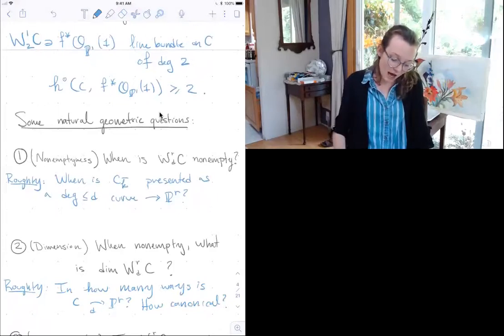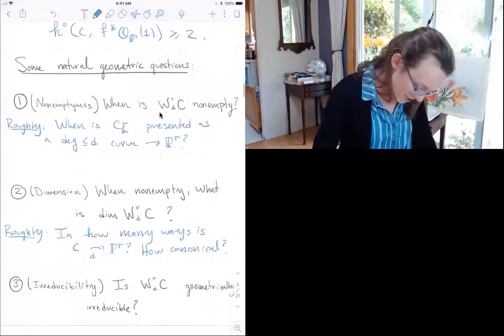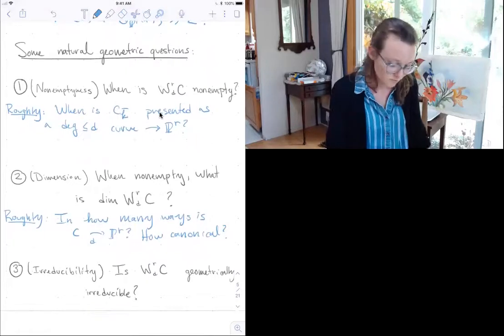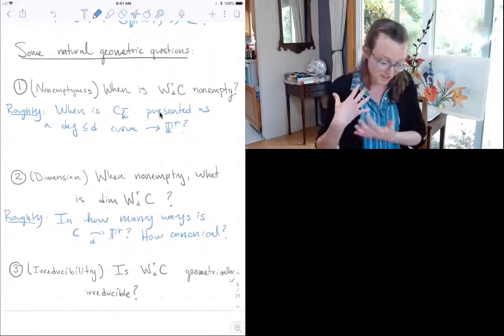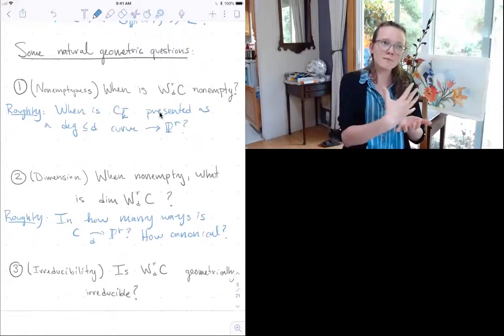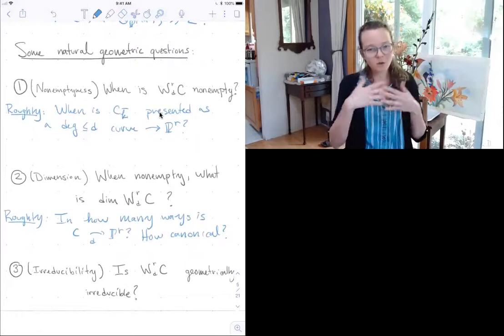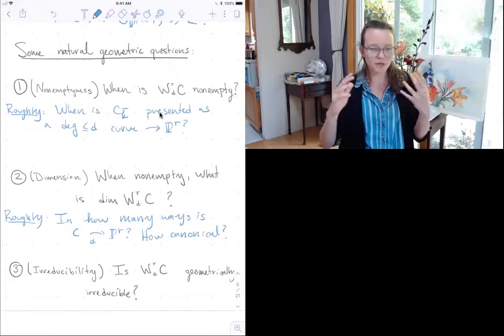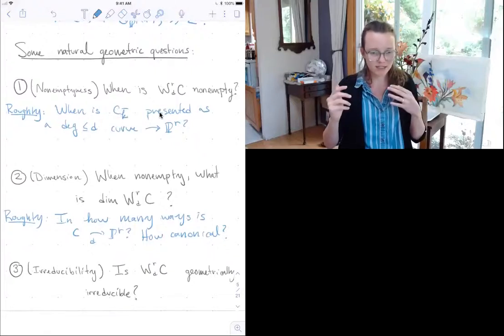But another way to interpret that question is the next thing, which is: is this space geometrically irreducible? If it's positive dimensional but irreducible, then you can deform between the different maps. But if it has multiple irreducible components, then there is something different between the maps corresponding to the different components.